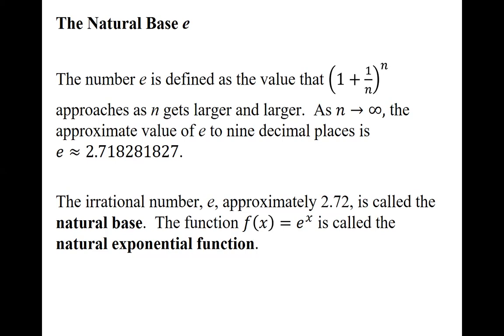So 2.71828, or 2.72 if we want to round it to just 2 decimal places. So we call that the natural base, and e to the x, therefore, is called the natural exponential function.